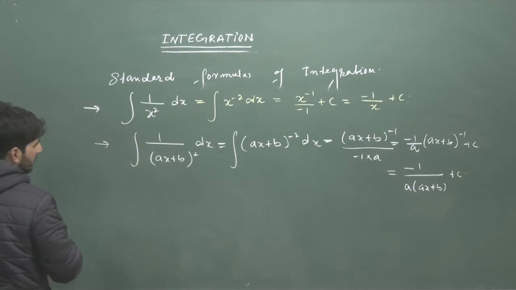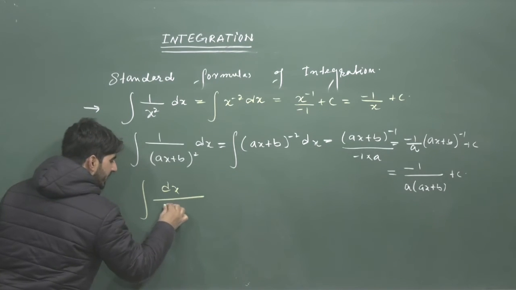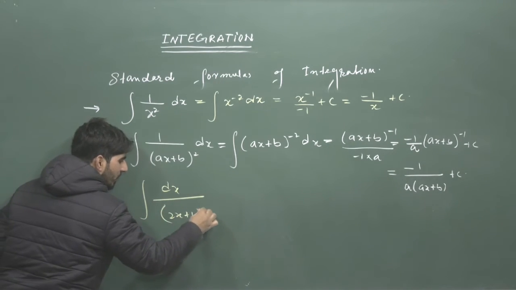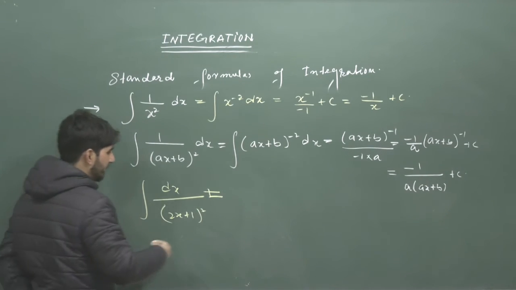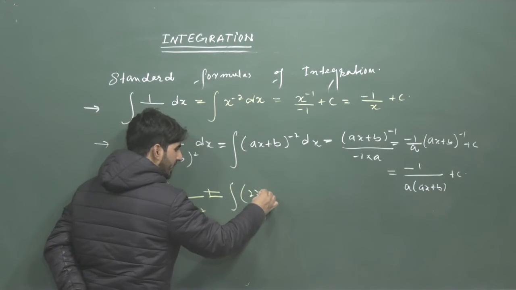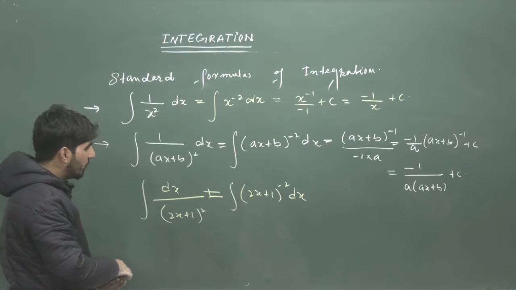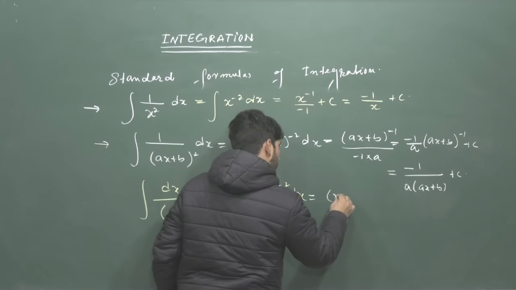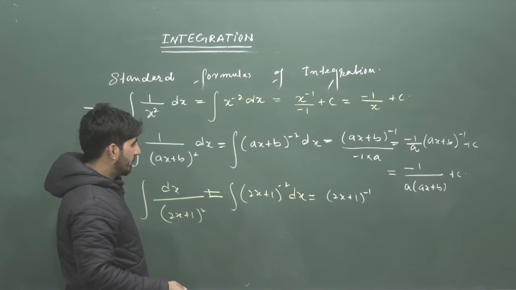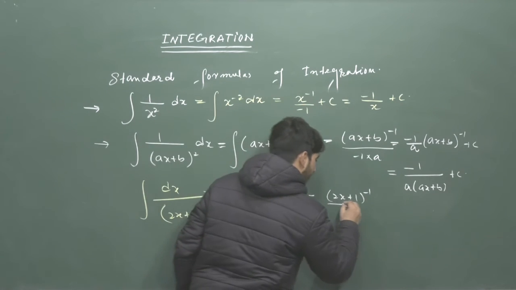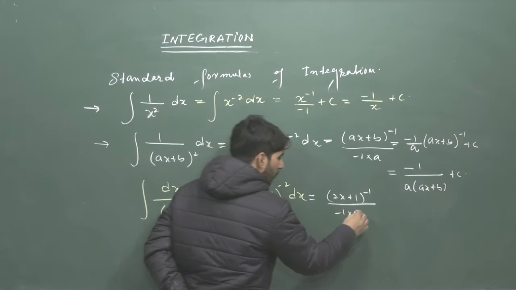For example, what is the integration of 2x plus 1 whole square? You may write this function in the form of integration of 2x plus 1 power minus 2 dx, that is equal to 2x plus 1 raised to power minus 1, because minus 2 plus 1 is minus 1, divided by minus 1 into internal differentiation of 2x plus 1, that is 2.